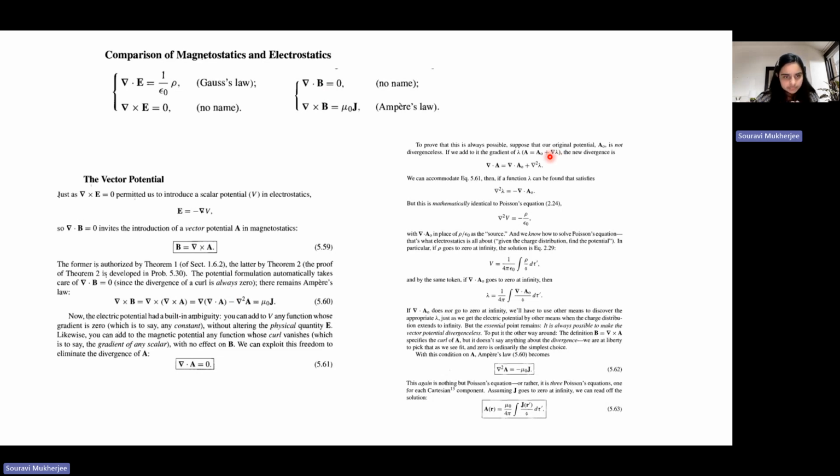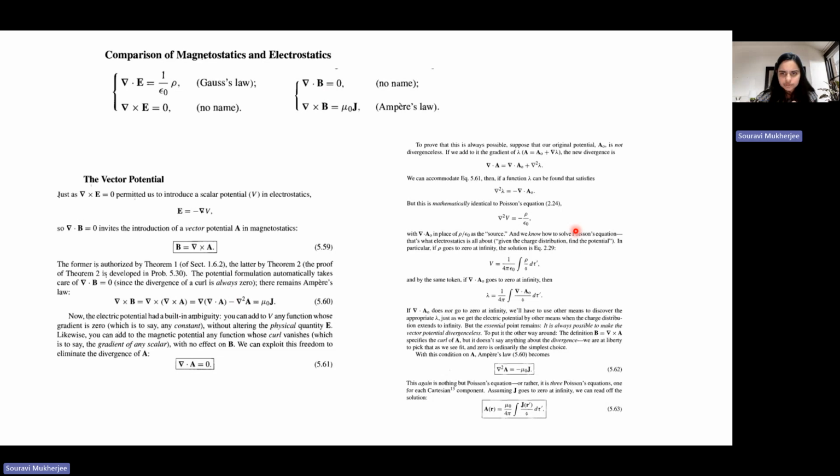Then we know that curl of gradient of any scalar quantity is always zero. So this new term that you have added to your vector potential will not change your magnetic field, right? But you can add this such that the divergence of your vector potential goes to zero, and that gives you a very simplified equation.